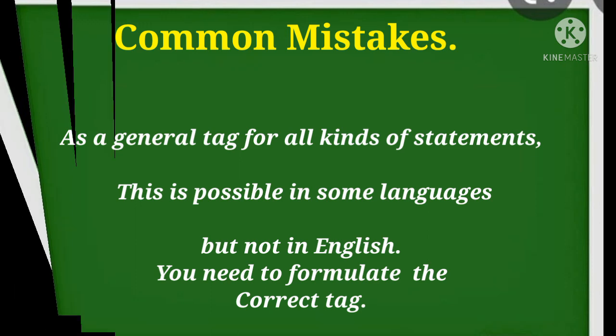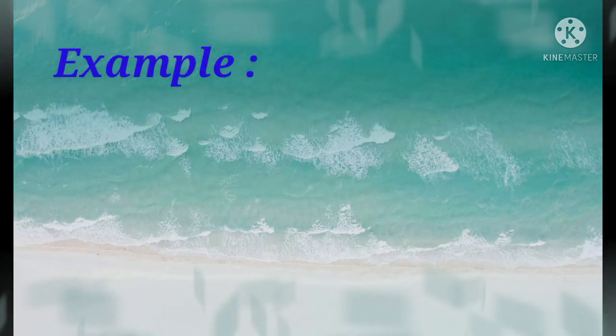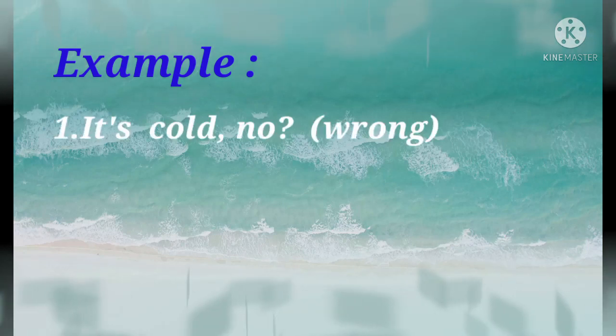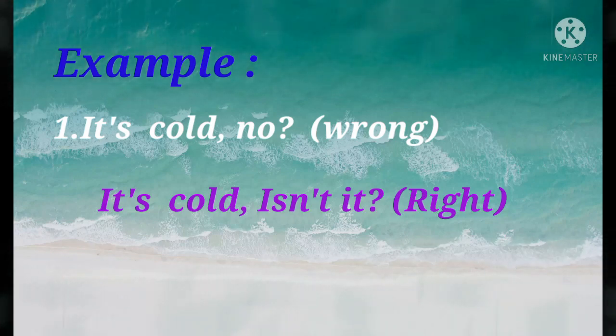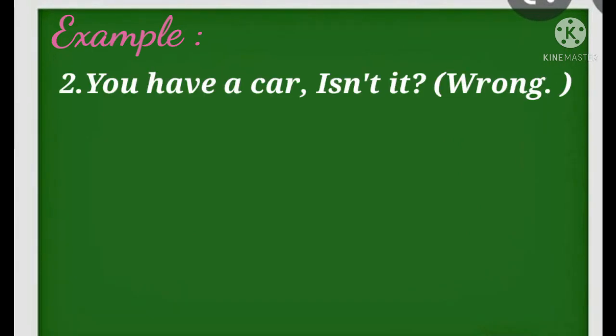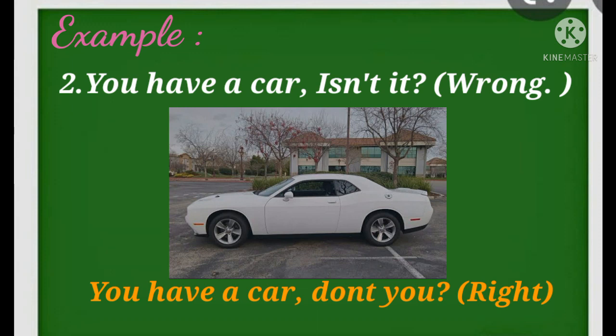Let's have a look. You might hear, it's cold, no? The correct tag is, it's cold, isn't it? The next one, you have a car, isn't it? The correct tag is, you have a car, don't you?